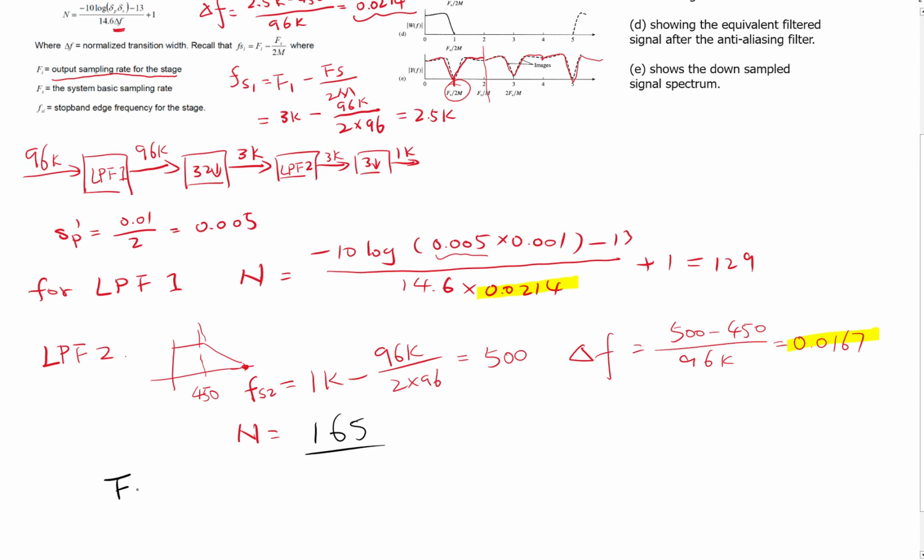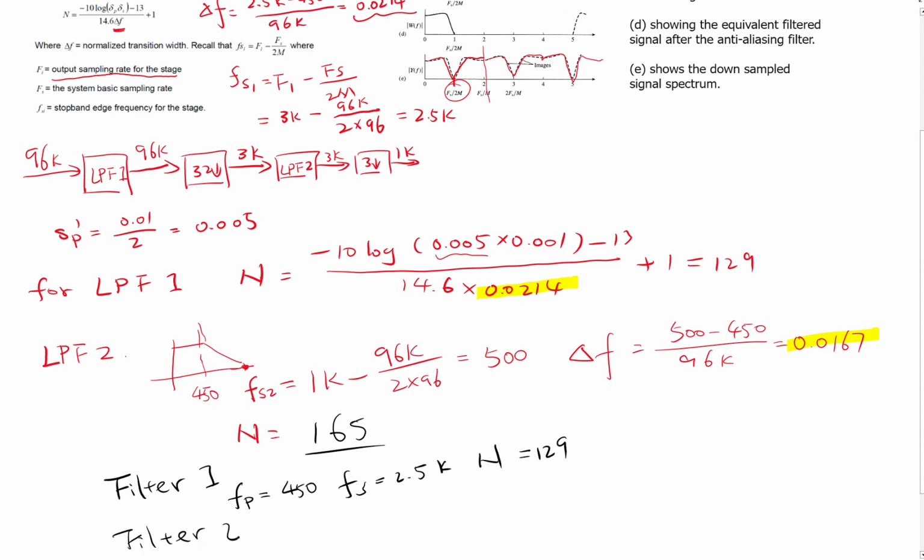In summary, for filter number 1, the passband frequency is 450, the stopband frequency is 2.5K, and the order is 129. Based on this, we can design the filter.